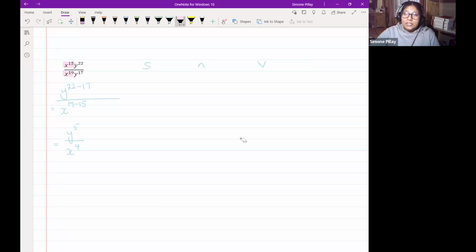So she took the 15 down to the bottom to do my subtraction. And that's why my X stayed at the bottom and it was 19 minus 15. And then we had our Y values. So that was Y and Y. And here, the exponent in my numerator was big enough for me to do the subtraction at the top.